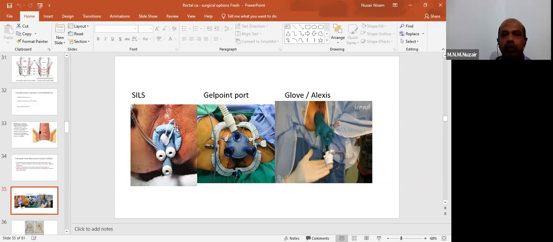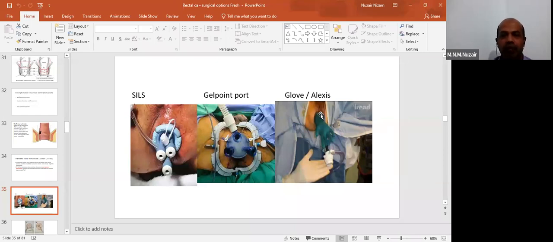TATME means transanal total mesorectal excision. To do this, we can use the single incision laparoscopic port, or there's something called gel point. This is custom made for the TATME. Or the poor surgeons, they can use an Alexis port.